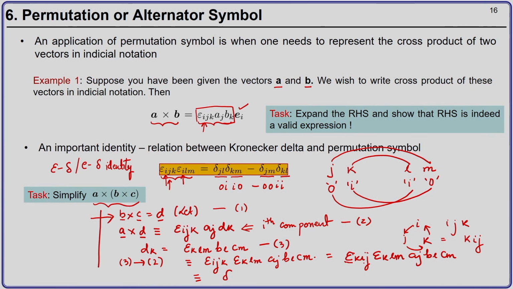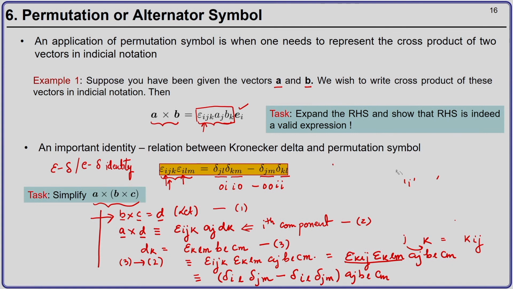So the two permutation symbols can be written in terms of the Kronecker delta as: delta_il delta_jm minus delta_im delta_jl, times A_j B_l C_m.